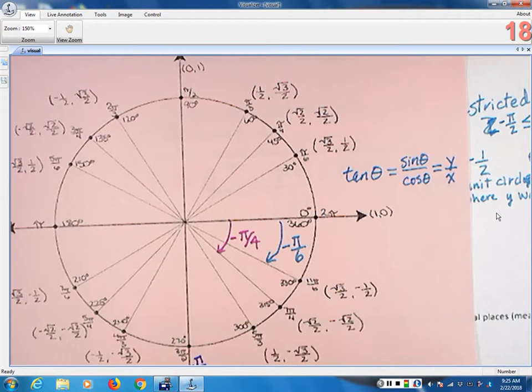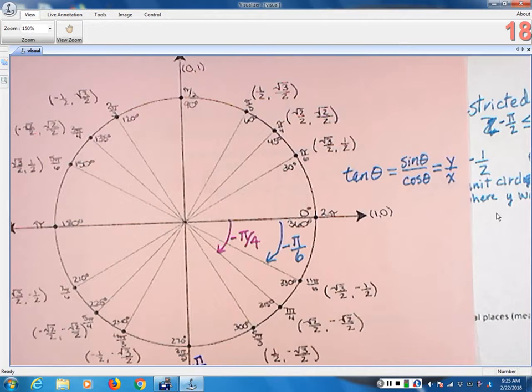So that means that this angle right over, man, don't they have like 6 signatures? You found it on the circle. This angle is 5 pi over 6. Everybody got their time.